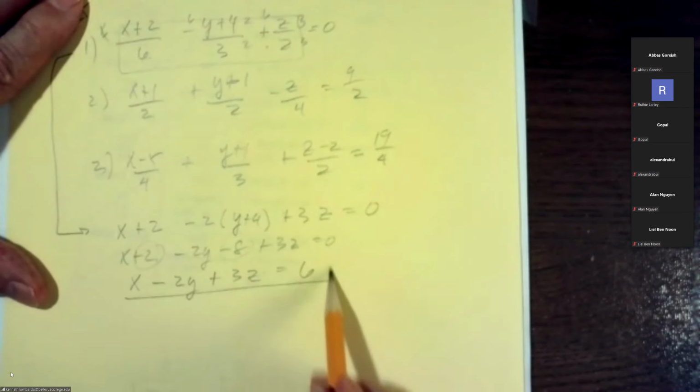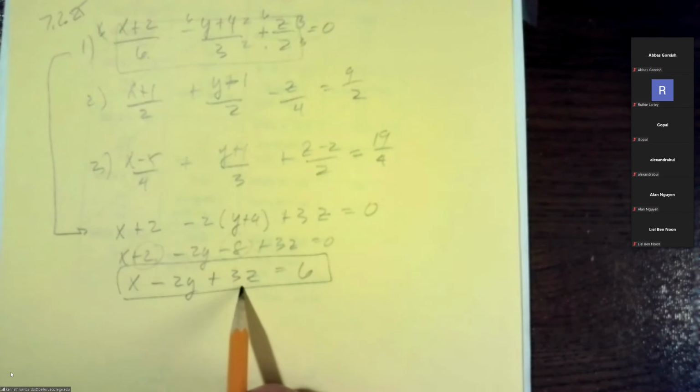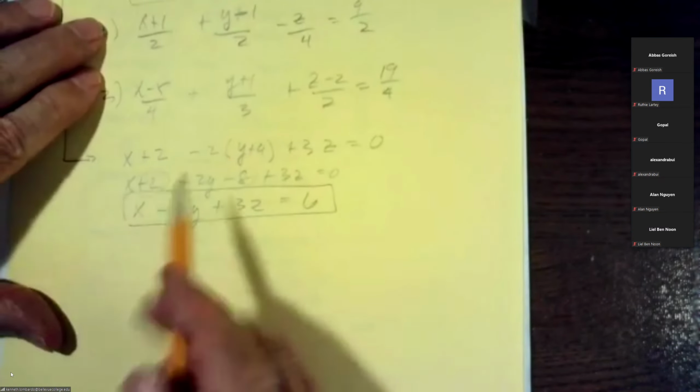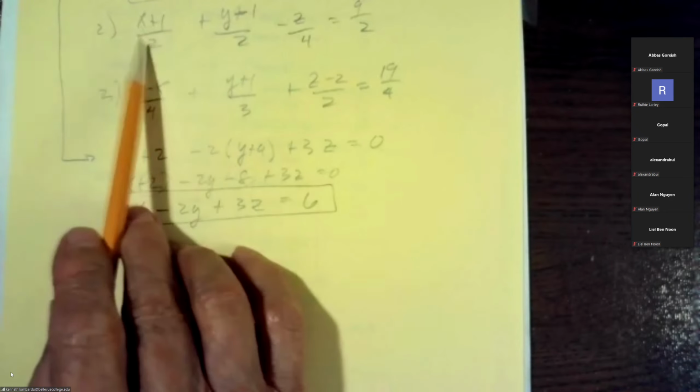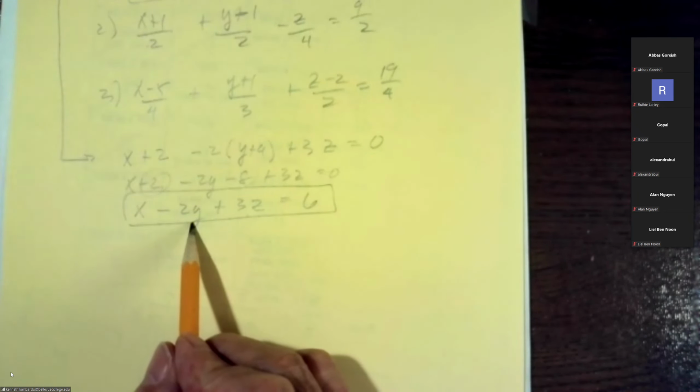So we have one equation simplified as x minus 2y plus 3z equals 6. Okay on that one? Yes. Okay. Is there anything else we want to do with that?